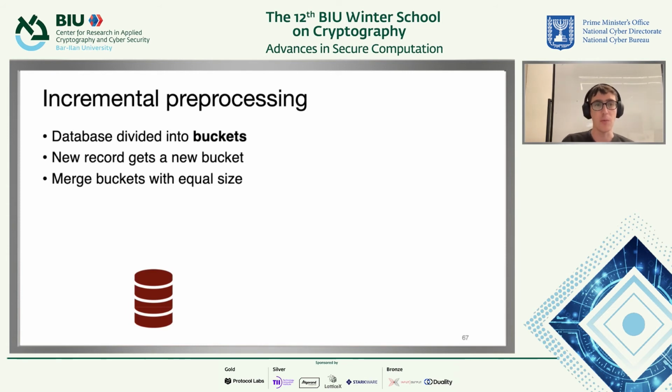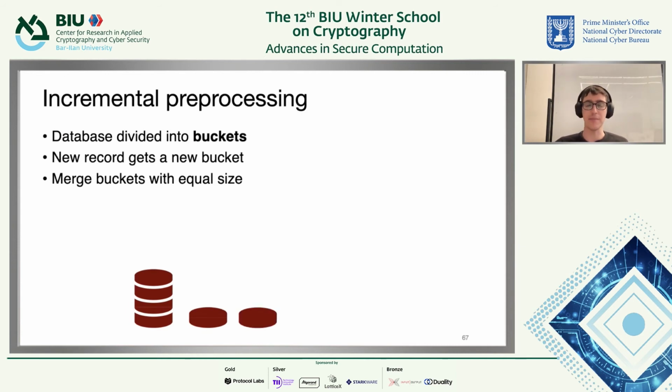The first rule is that whenever you insert a new record into the database, it gets its own bucket. The second rule is that if you have two buckets of the same size, you merge them and double the size of the bucket. For now, imagine that the only changes we support are additions, but you can adjust it to handle deletions and modifications. Every time a new record is added, the server creates another bucket.